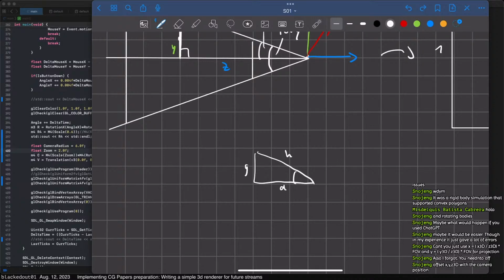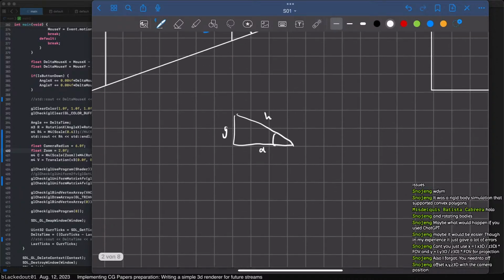Because in German this is called the Gegenkathete, this is why I named this G. And I always remember these formulas by saying this, and this here. What it basically says is that the cosine of alpha is equal to the adjacent side divided by the length of the hypotenuse.